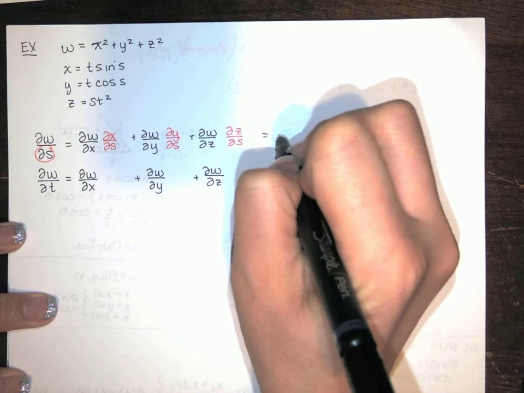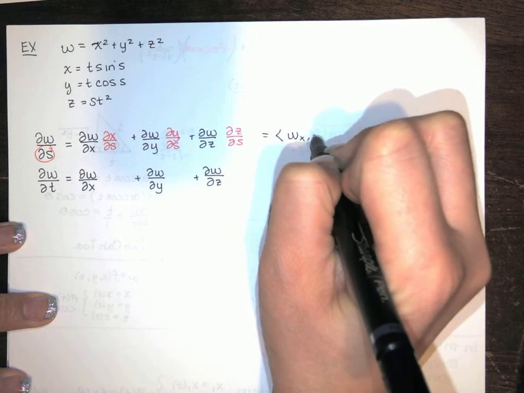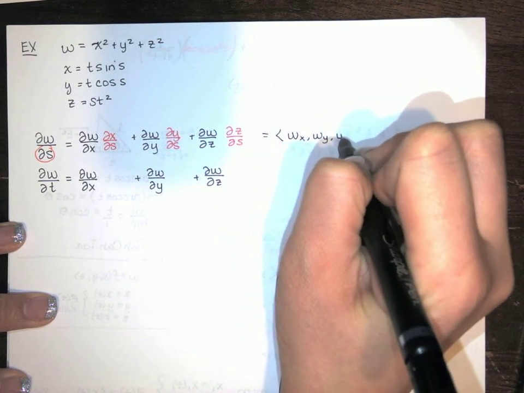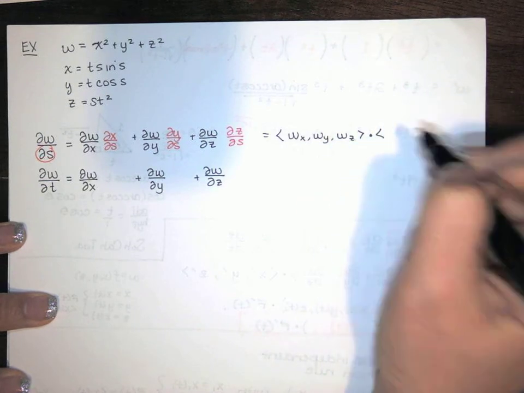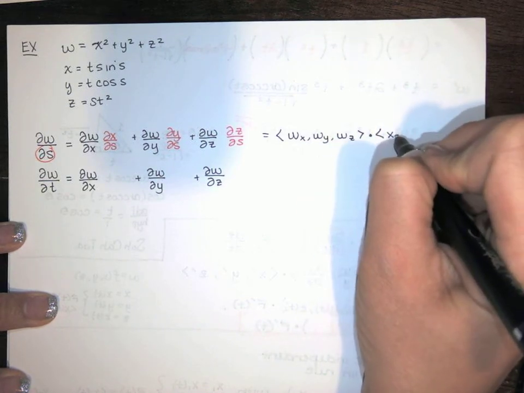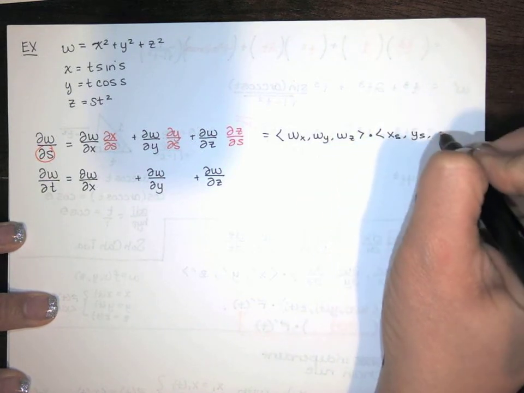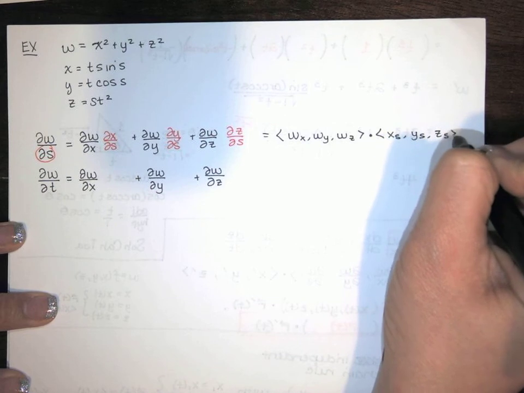So this is a gradient dotted with this vector of partials with respect to s.